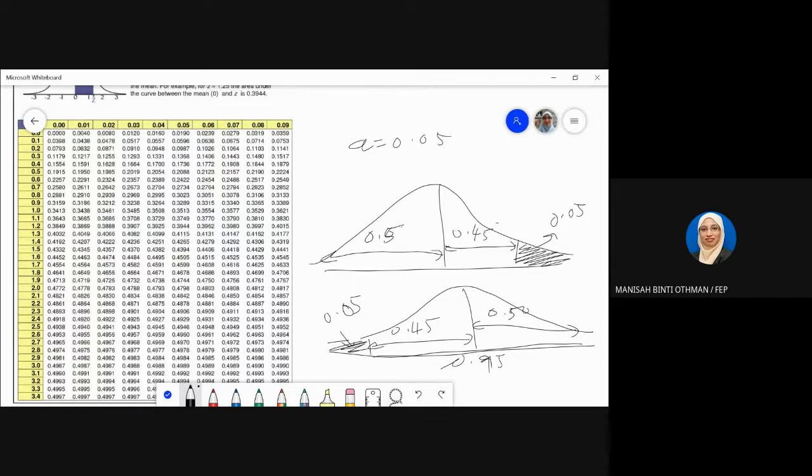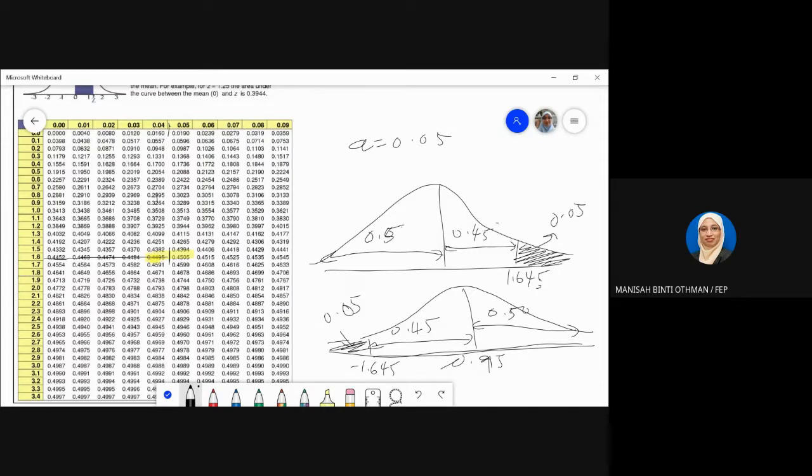0.45 here is in between, the same as previous. It's exactly in the middle, so 1.645, or negative 1.645.